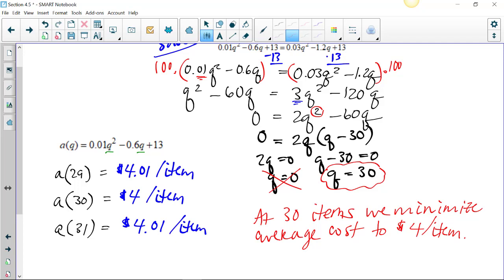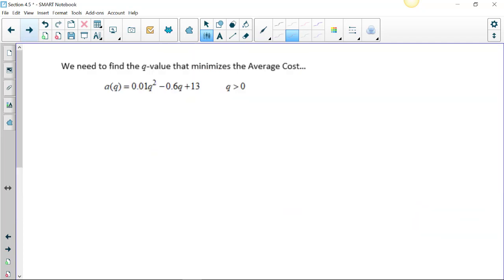Now, there's another way to look at that. Think about how we minimized and maximized things in the past. We said we want to find that q value, that production level that minimizes average cost. Well, we spent a lot of time in sections 4.1 and 4.3 finding the local or global minimum values of functions.